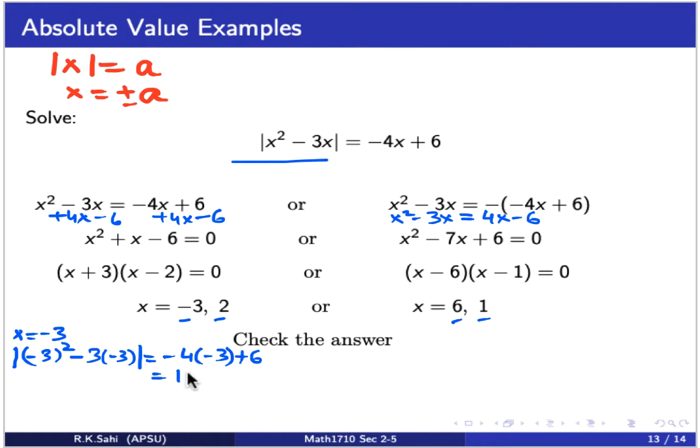On the right-hand side we get 12 plus 6, which is 18. Let's go to the left-hand side. We are getting 9 plus 9, the absolute value of 18. 18 equals 18. Good, this is right. Okay, now let's look at the next one.